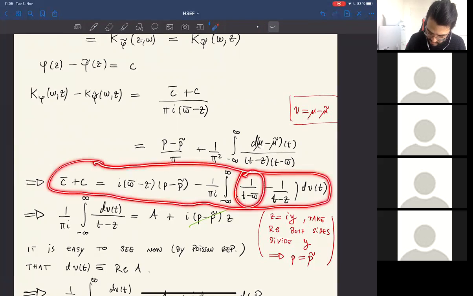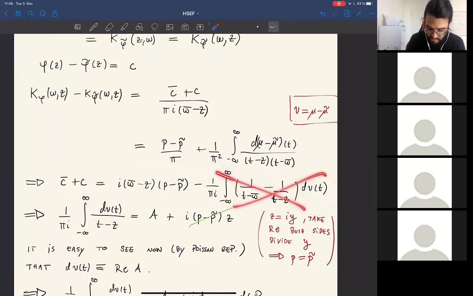You know that this bit and this guy will give just a constant function, because we just derived that. Then you're taking a difference, so this bit will give 0. This guy is already 0. So then you conclude that C bar plus C is 0, meaning that the real part of C is 0.